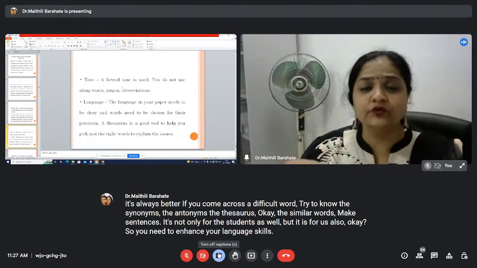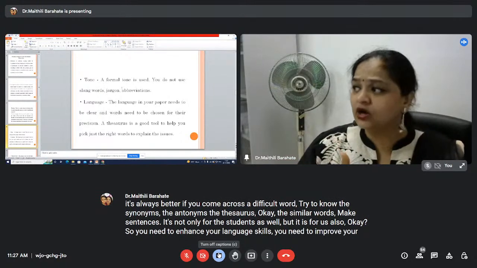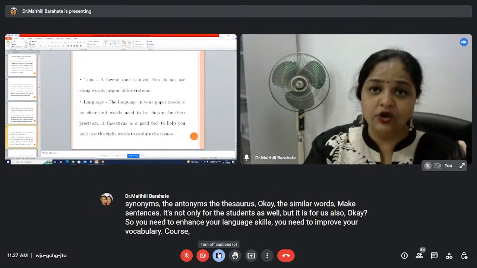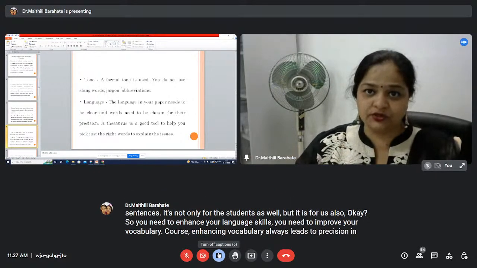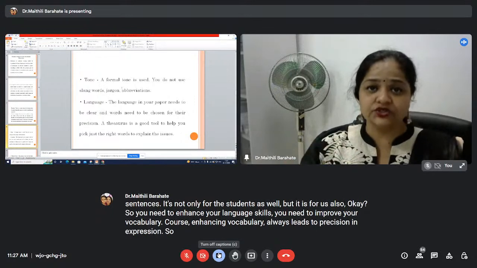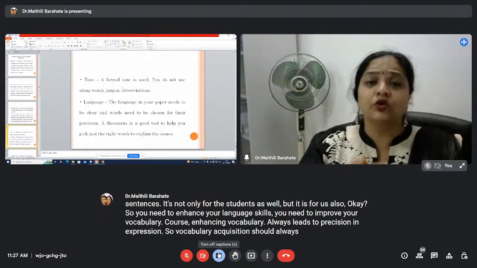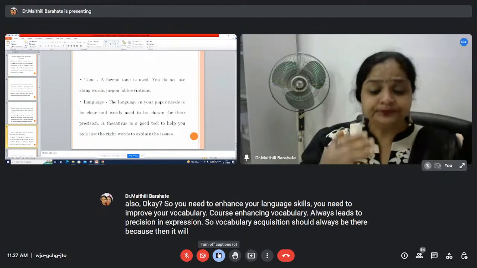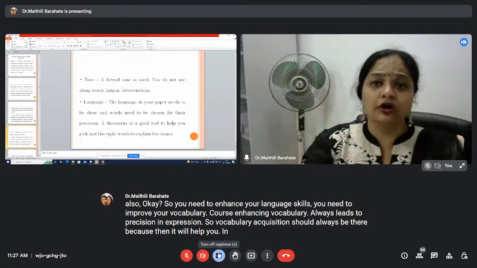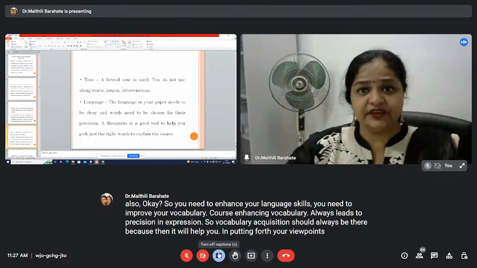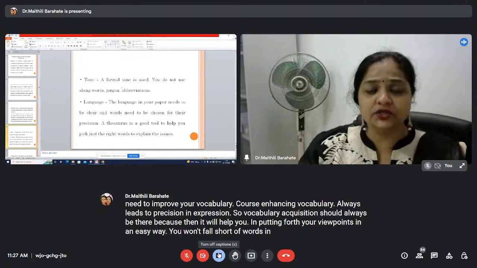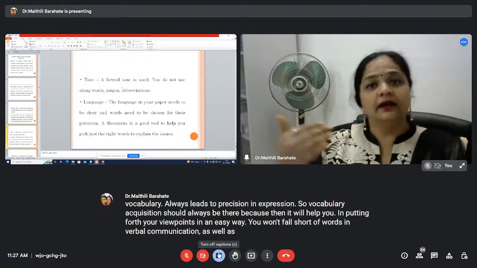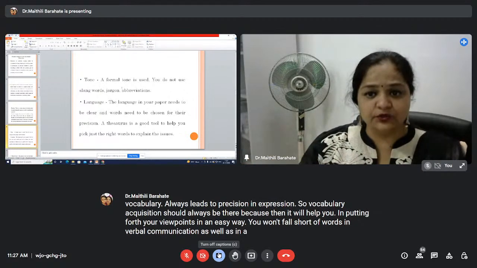You need to improve your vocabulary, because enhancing vocabulary always leads to precision in expression. Vocabulary acquisition should always be there, because it will help you in putting forth your viewpoints in an easy way. You won't fall short of words in verbal communication as well as in written communication.